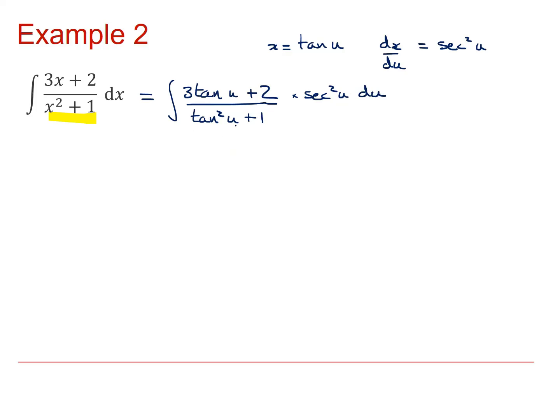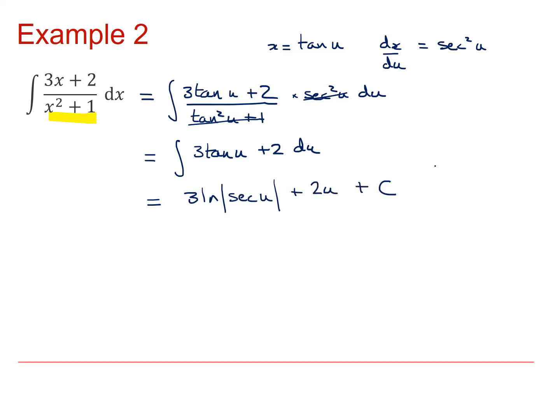1 plus tan squared on the bottom is sec squared. So in fact, these two bits will go, leaving me with just the integral of 3 tan u plus 2. So I'm going to get here, integrate 3 tan, I get 3 log mod sec u plus 2u plus c.